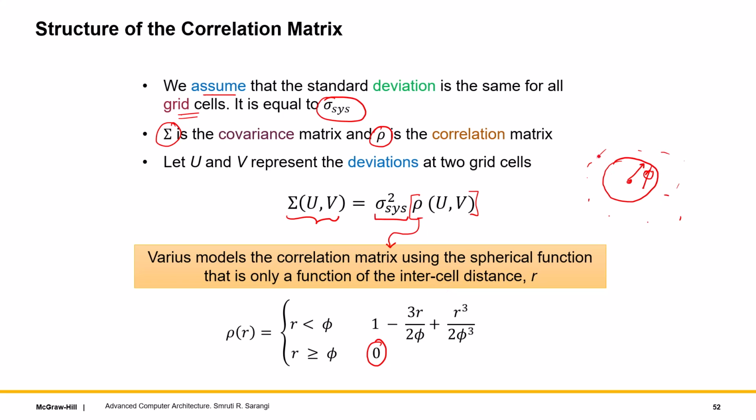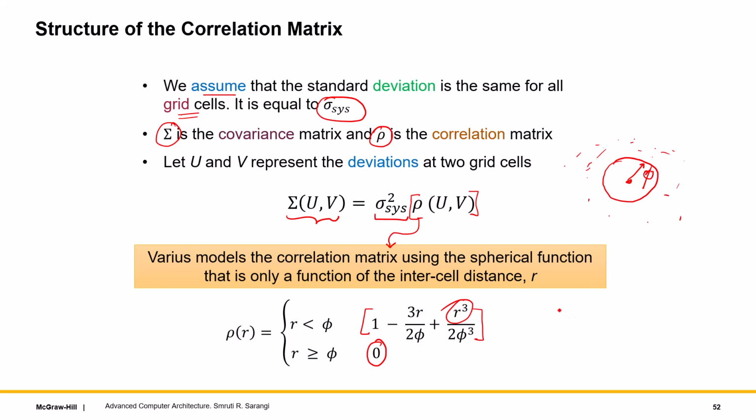I divide all the grid cells starting from the point that I'm interested in into two types: one within a radius of phi and the other outside a radius of phi. If r is greater than or equal to phi, then the correlation is 0, they're uncorrelated. But within a radius of phi, I make it vary like this. This is called a spherical function because you can look at the cubes over here.